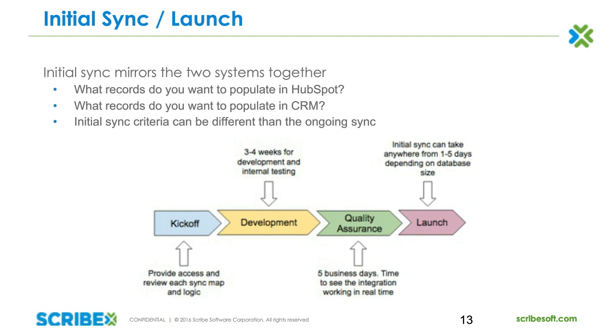Now keep in mind that the initial sync is different than the ongoing sync. We have some clients who choose to put a filter on the initial sync, and then choose a different filter for the ongoing sync. So again, let's say for the initial sync, you choose to sync only those records that were created after January 1st, 2015.